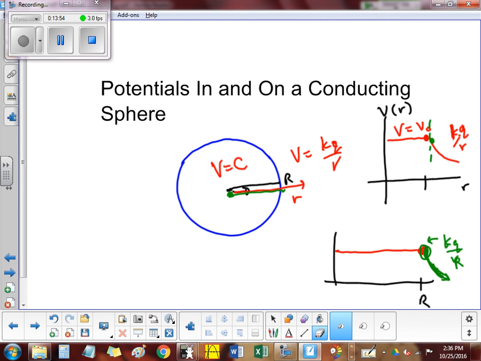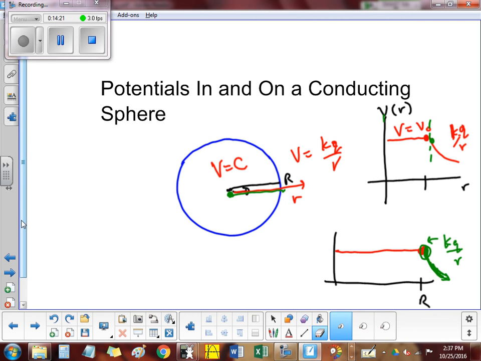That point right there is the point KQ over capital R. And then after that, it's KQ over little r. Does that answer your question? Yeah, it's not an asymptote. Good question. That was an investigative question that I thought of as soon as I mentioned it. But the asymptote is actually back at r equals 0 over here, and so it doesn't affect us at all. Good question. Okay, so that's kind of a fun graph.